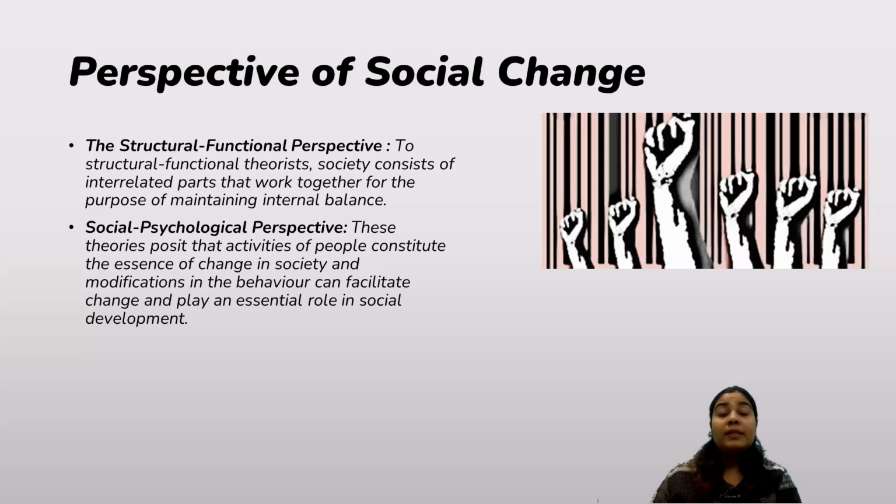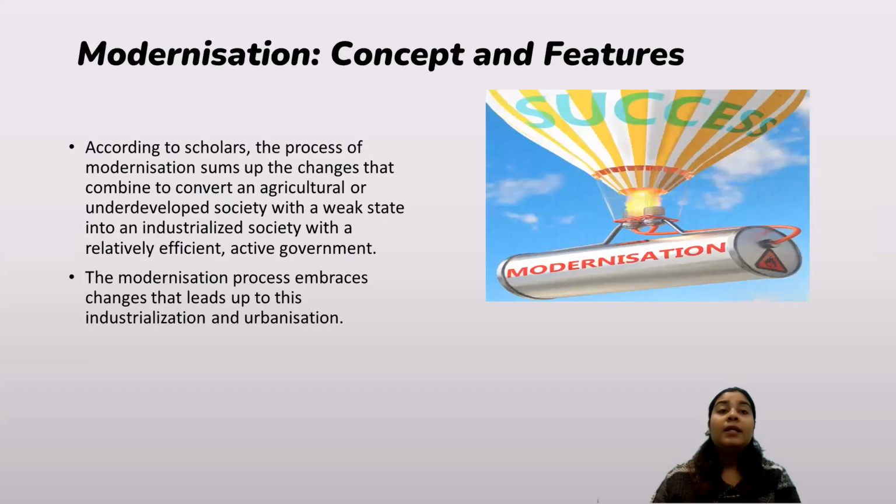Now, hopefully, these perspectives of social change are clear to you guys. Let's move to our next topic, that is modernization, and we'll be discussing its concept first, and then its features. Now, modernization, in simple terms, we can say that it is a continuous process.